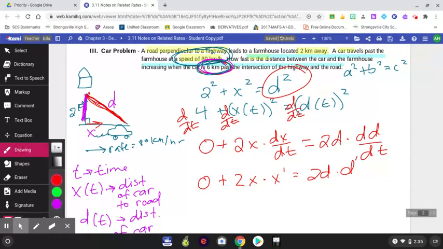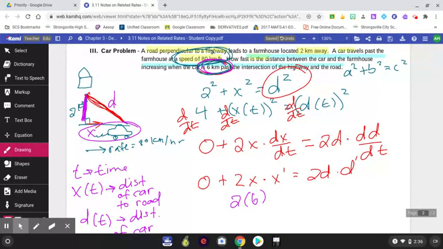All right, I should know some information. The question asks how fast the distance between the car and the farmhouse is increasing when the car is 6 kilometers past the intersection? So that x is 6.